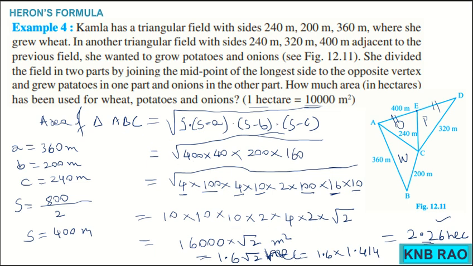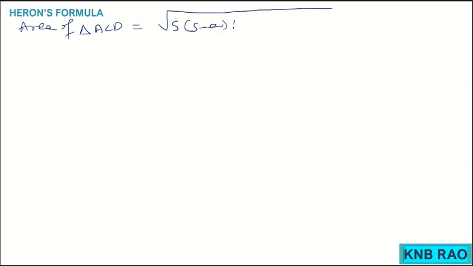Now moving on to the area of triangle ACD. So we will find the area of triangle ACD with the same Heron's formula, S into S minus A into S minus B into S minus C. What are A, B, C?